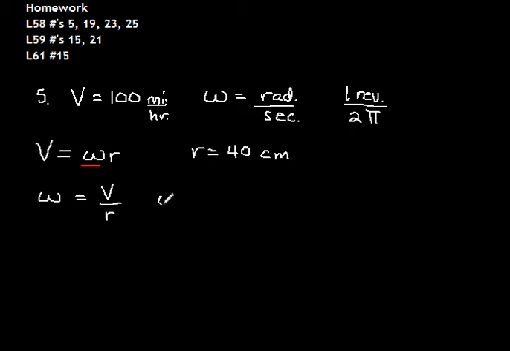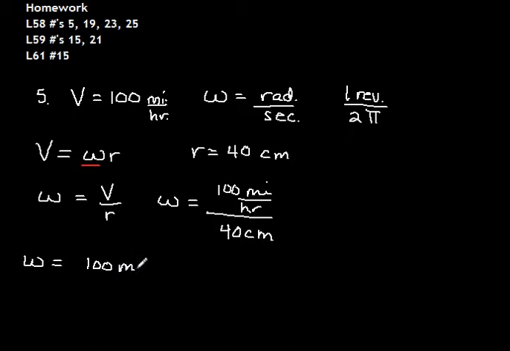The angular velocity is equal to, now we have the linear velocity, so it's 100 miles per hour over the radius, which is 40 centimeters. And we can rewrite this as 100 miles per 40 centimeters hours. If I put this over 1 and flip it, that's what we get.